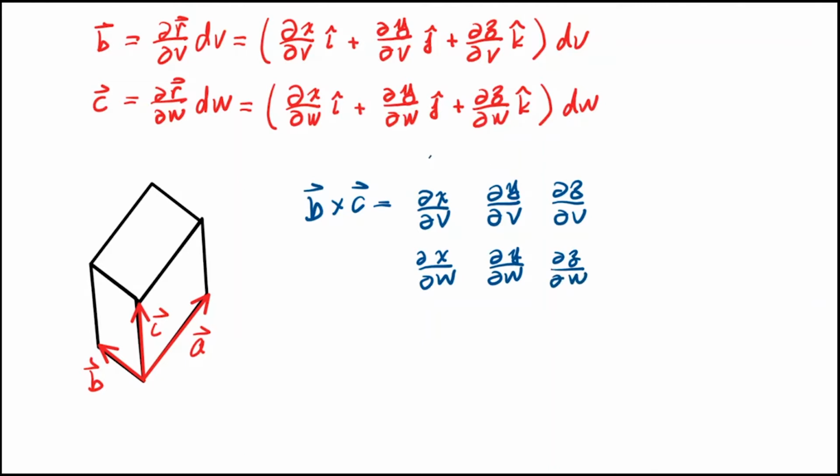And then on top I have i, j, and k. Oh, that's an ugly line. Okay, that's the determinant, the cross product. So far so good? And then of course I have to put dv and dw out here, not to forget.